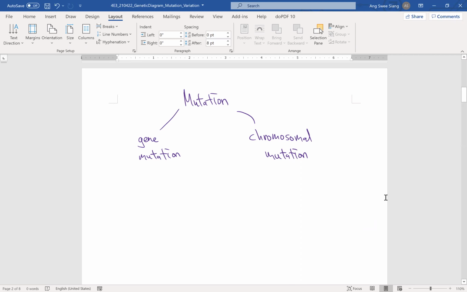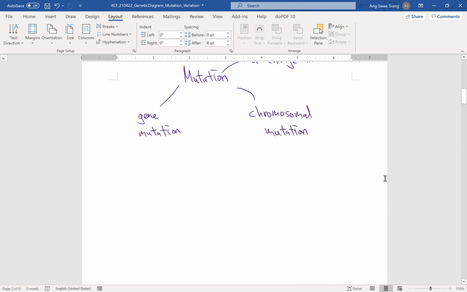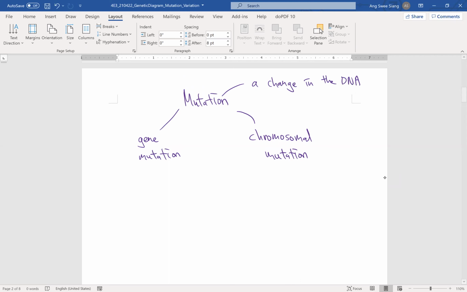When we talk about mutation, it's a change in the DNA. Gene mutation is basically a change in the sequence of nucleotides in a gene.